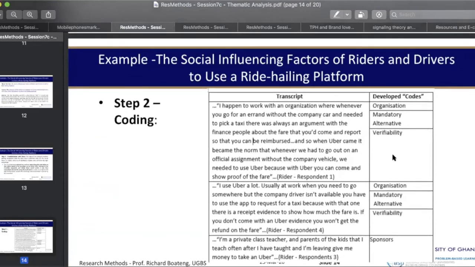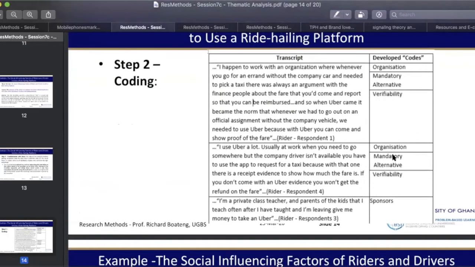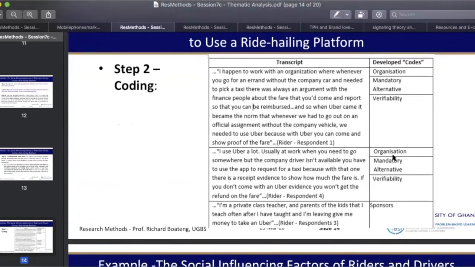Now, the social influencing factors of riders and drivers to use this ride-hailing platform. Then step 2, coding. So look at the transcript. I happen to work with an organization where whenever you went on an errand without a company car and needed to pick a taxi, there was always an argument with the finance people about the fare that you came and reported, so that it could be reimbursed.